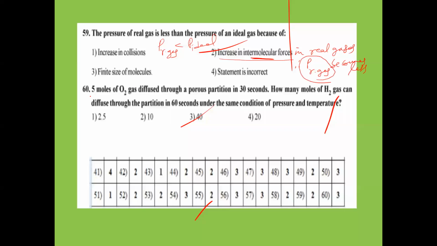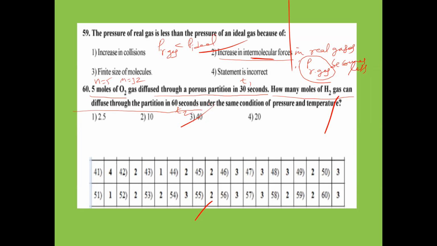Okay. Next, 5 moles of O2. N is given as 5, the number of moles, and O2 has a molecular weight of 32 grams. It diffuses through a porous partition in 30 seconds, T1. How many moles of hydrogen can diffuse through the hole in 60 seconds?